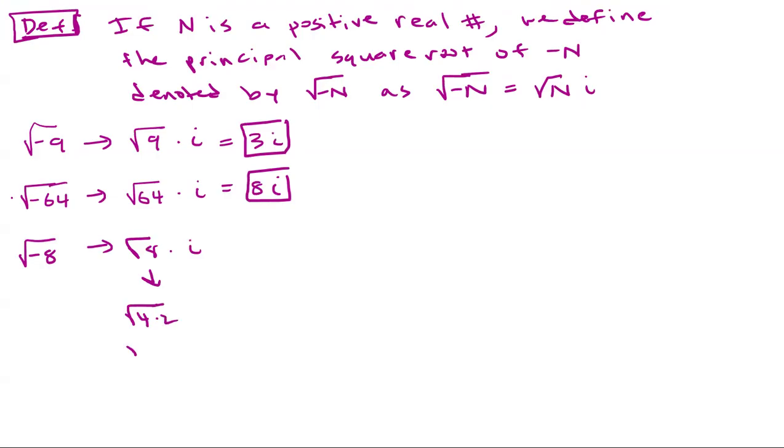And radical 4 times 2 becomes radical 4 times radical 2, which is 2 radical 2, and then I bring down the i. I can write that as 2i times radical 2, or any variation of that. All right, questions on this part?